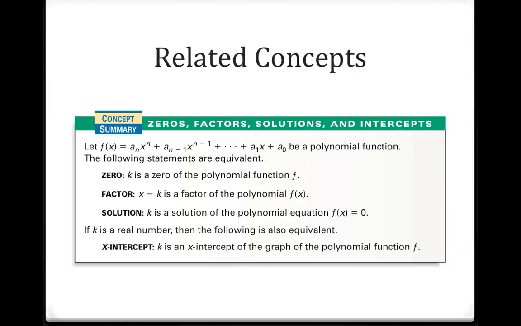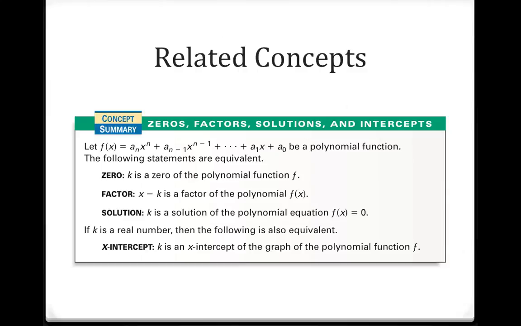It means if I put in k, whatever that value is, for x, I get 0 as an answer. But we don't actually start with an equation that says make this equal 0. We're just starting with a function and we are asked to find the zeros.